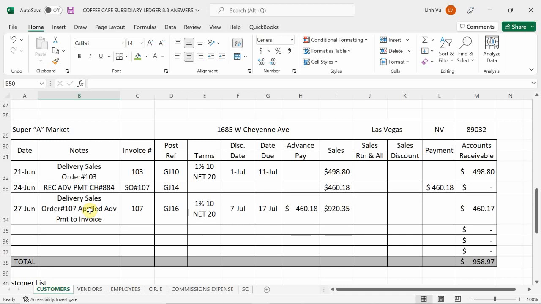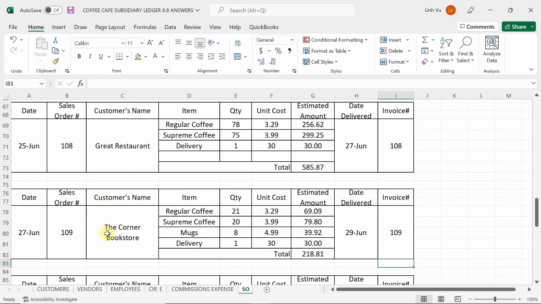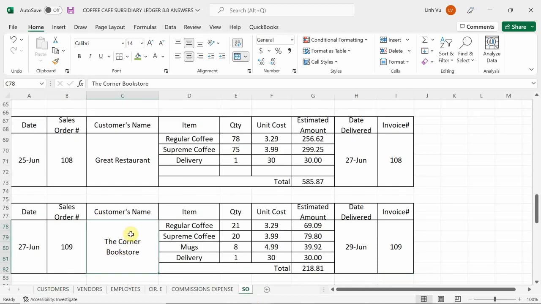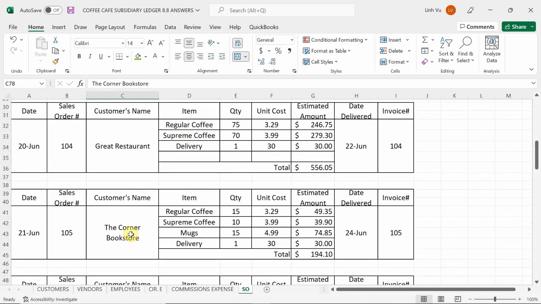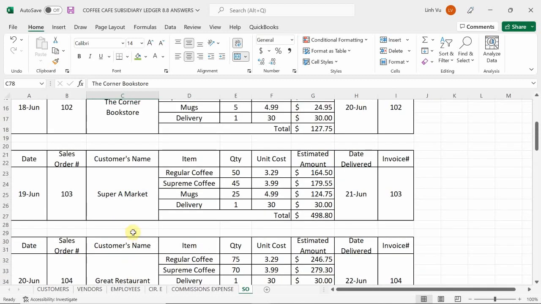$498.80 include? If you remember from the first one, every single delivery that has been made to Super A Market has a $30 delivery charge. You cannot discount delivery charges.